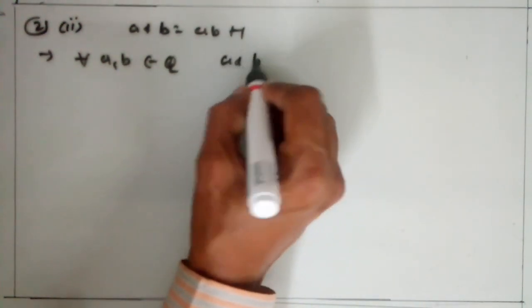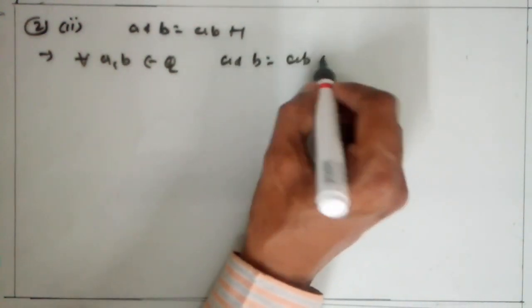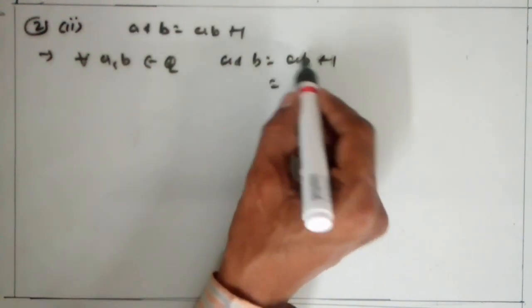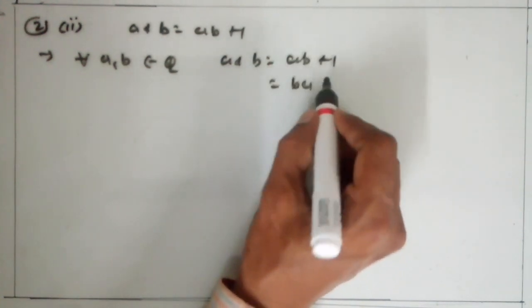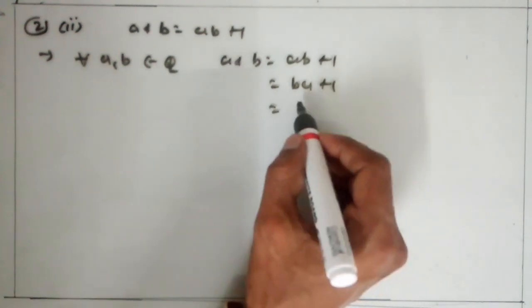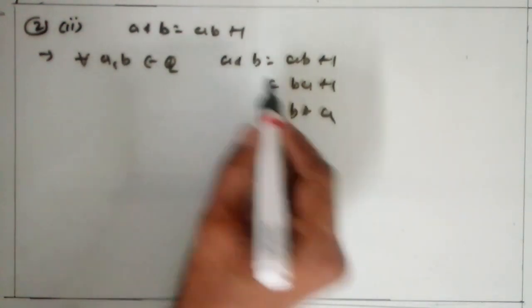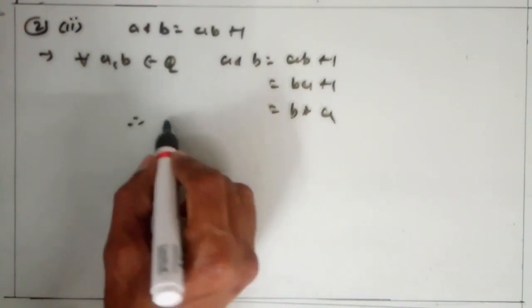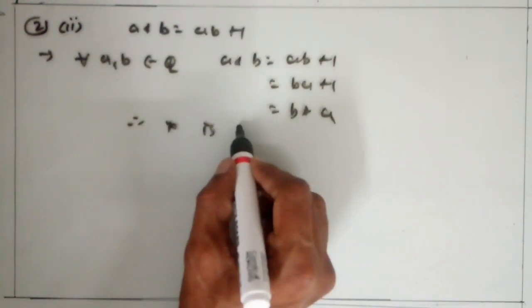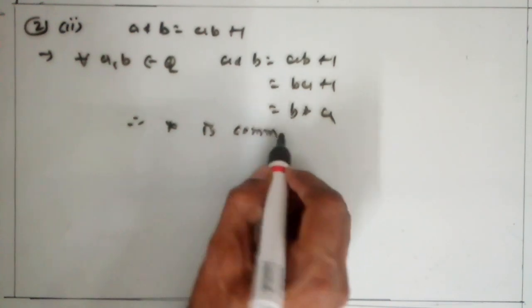A star B is equal to AB plus 1. Interchanging A and B, we get BA plus 1, and this is B star A. So A star B is equal to B star A. Therefore, star is commutative. Clear?